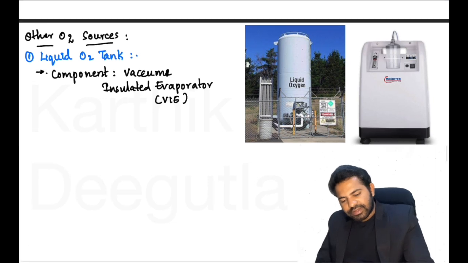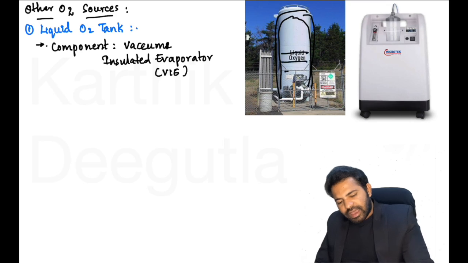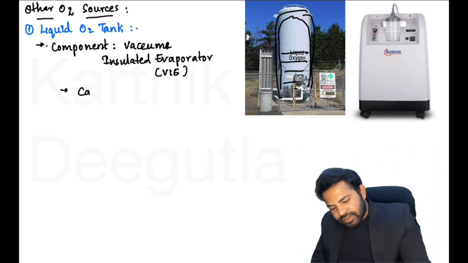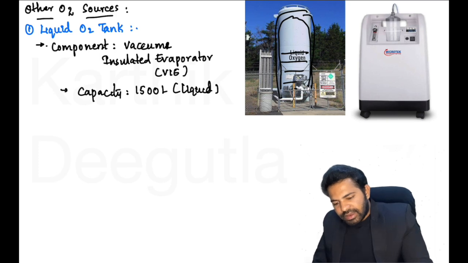Here you can see the liquid oxygen tank. It has a vacuum, and here is the liquid oxygen. Alright. So what is the capacity? The capacity of a liquid oxygen tank is 1500 liters of liquid.